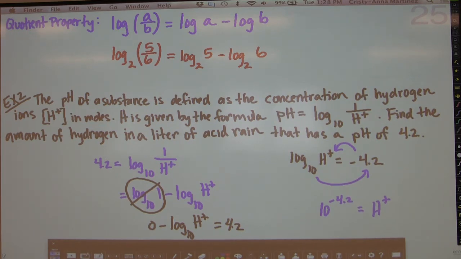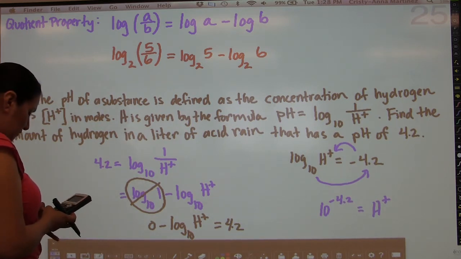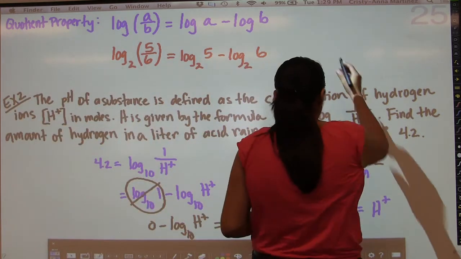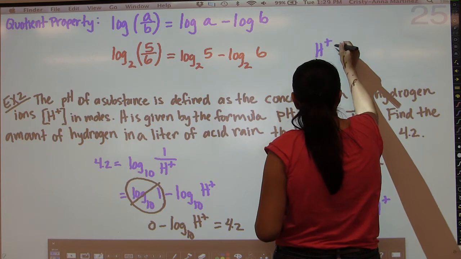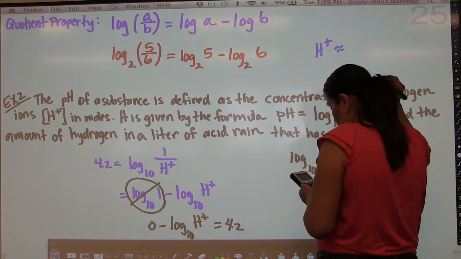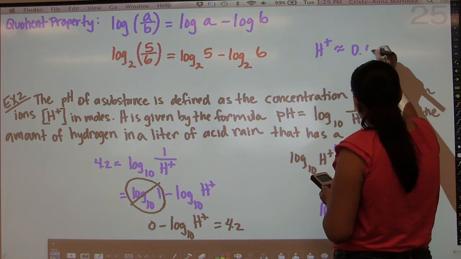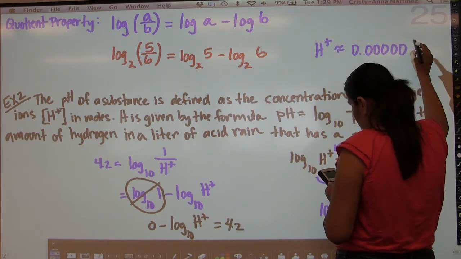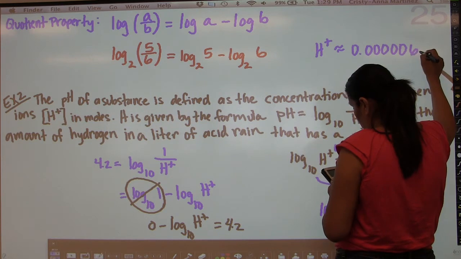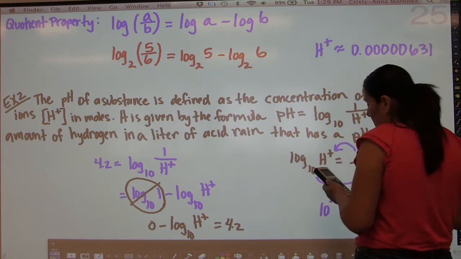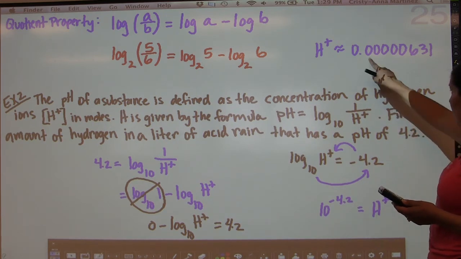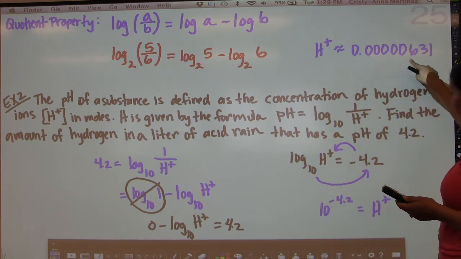So now we're going to use the calculator to raise 10 to the negative 4.2 power. And it just so happens that H plus is going to be approximately equal to 6.31 times 10 to the negative 5, which means I have to include 5 decimal spaces.